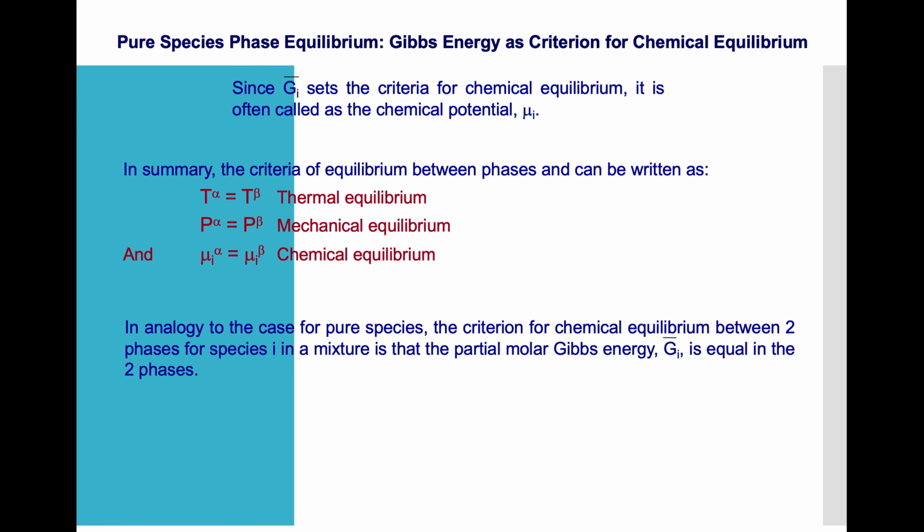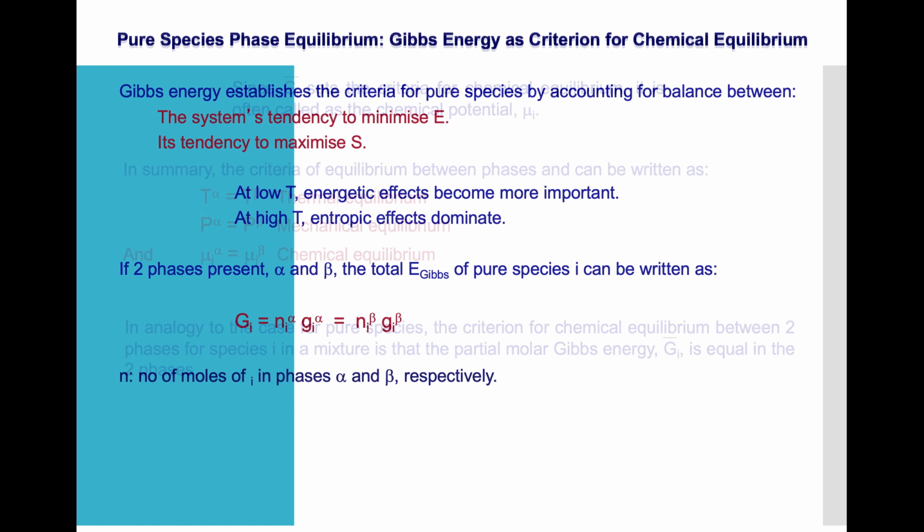In analogy to the case for pure species, the criterion for chemical equilibrium between two phases for species i in a mixture is that the partial molar Gibbs energy G i is equal in the two phases. Okay, so this is basically the concept of explaining the pure species phase equilibrium, which involves thermal equilibrium, mechanical equilibrium, and chemical equilibrium with different notations.